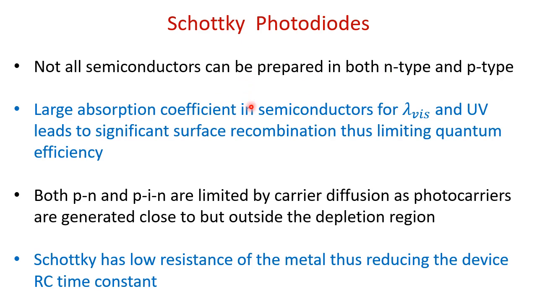The other very important feature that it addresses is this. Typically when you have photons of the visible wavelength, or for that matter in the UV, these are highly energetic photons which might be much larger than the band gap associated with the semiconductor. So these photons have a very large absorption coefficient in the semiconductor.